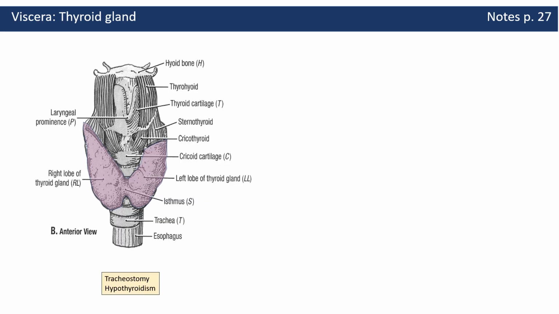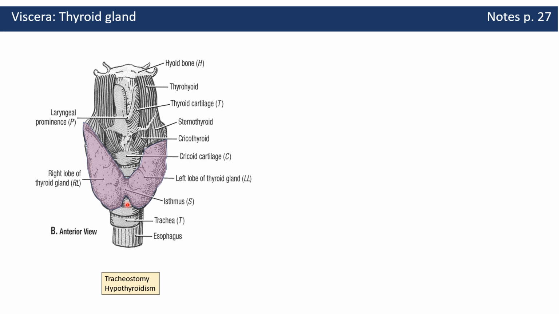So next we'll start talking about some of the viscera that are present in the neck. What I'm showing you here is the thyroid gland, and notice it is this butterfly-shaped gland that is in the anterior neck, anterior to the trachea.